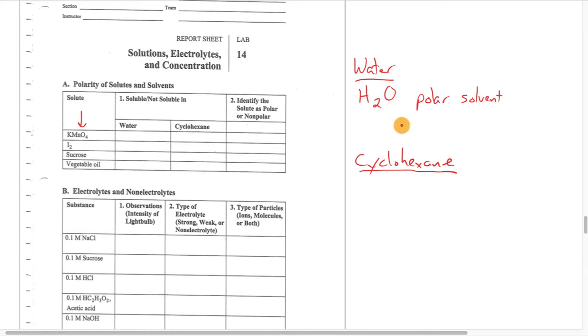For right now in the class, remember this is a survey course, so we're just skimming the surface of a lot of topics. Basically, if you see an oxygen or nitrogen in a molecular formula like H2O, then you're dealing with some kind of polar substance. Actually, let's do it this way: it's polar, and it could be a polar solvent or solute. Cyclohexane has a molecular formula C6H12. It's a hydrocarbon.